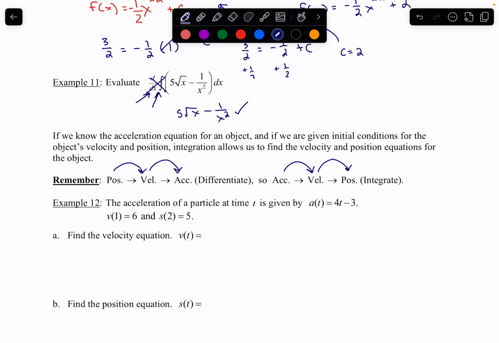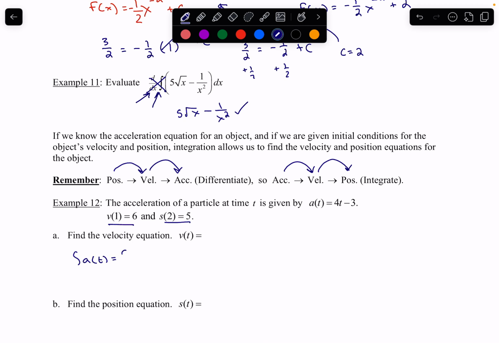So example 12 says the acceleration of a particle is a of t equals 4t minus 3. And then it gives me initial conditions for the velocity and the position functions. It wants me to find velocity. Well, velocity is the integral of acceleration.